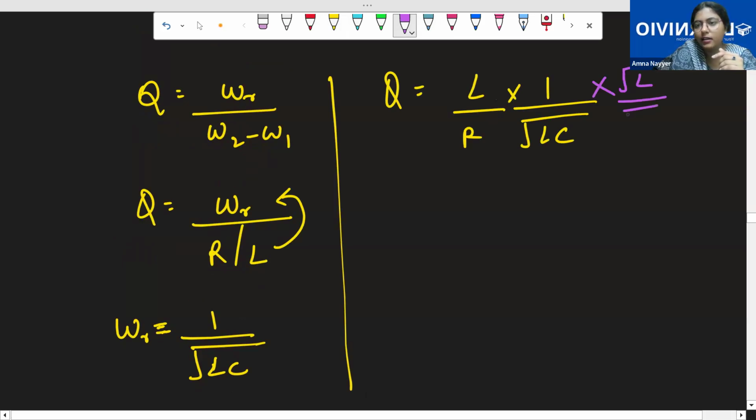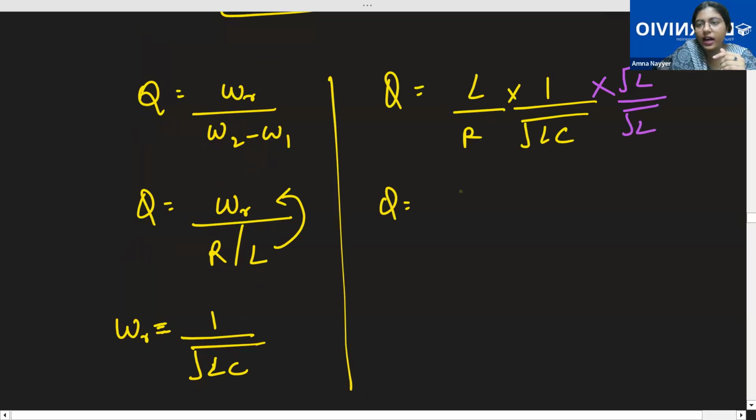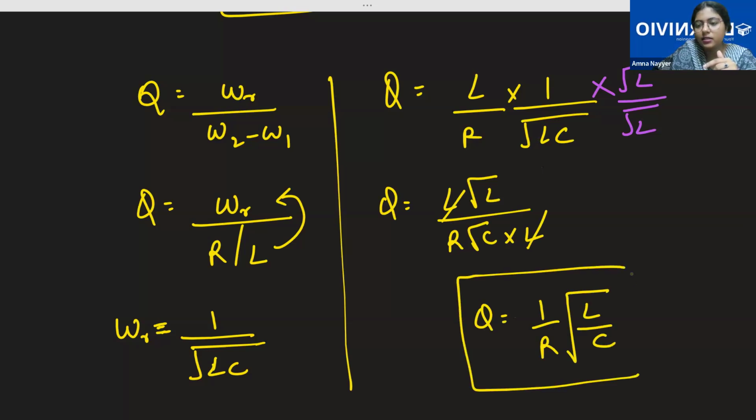Multiply by root L, divide by root L. So quality factor is L into root L divided by R into root C. Now root L into root L is L. L gets cancelled. This is the formula for quality factor: 1 by R under root L by C. This is the quality factor.